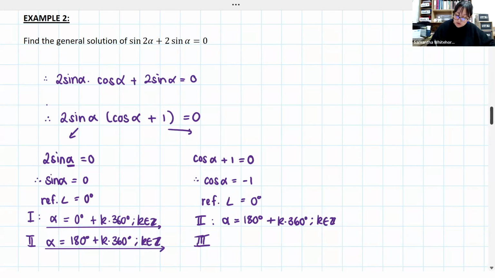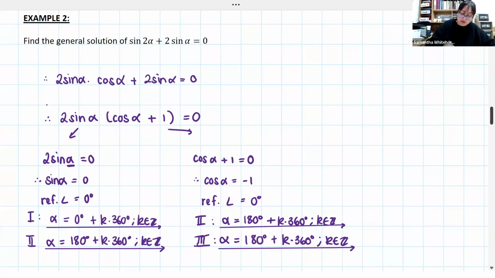And then in quadrant 3, this is where we've got 180 plus my reference angle, but again, 180 plus 0 is still 180. Okay, now again, you've got your 2 solutions for this trig equation. Now guys, what I want you to notice is that these 3 solutions are all identical.